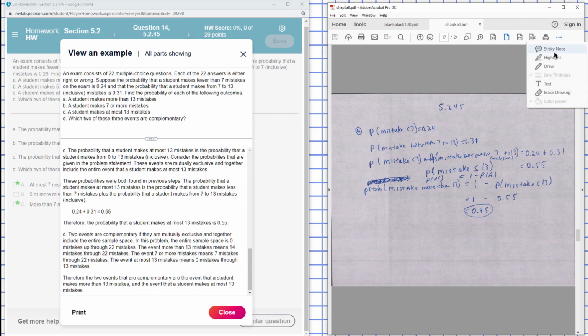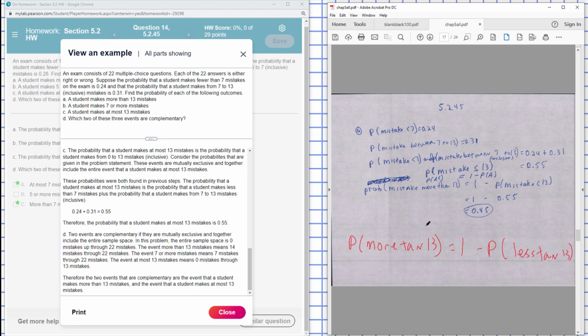So more than 13 is going to be equal to 1 minus the probability that it's less than 13. So they're using the complement rule here. The probability of the complement is equal to 1 minus the probability of the event that happened.